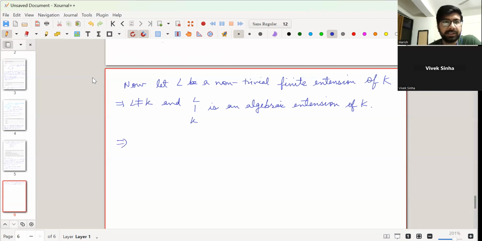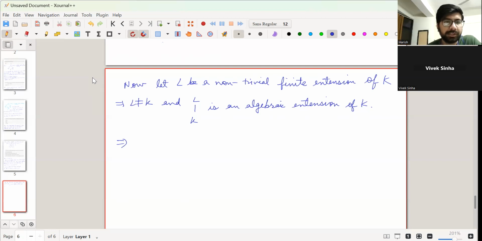which means in the extension, all of its elements satisfy a polynomial in K, but K is supposed to be algebraically closed. So all polynomials in K have roots inside K, right? So how can its roots go outside K if it is algebraically closed?